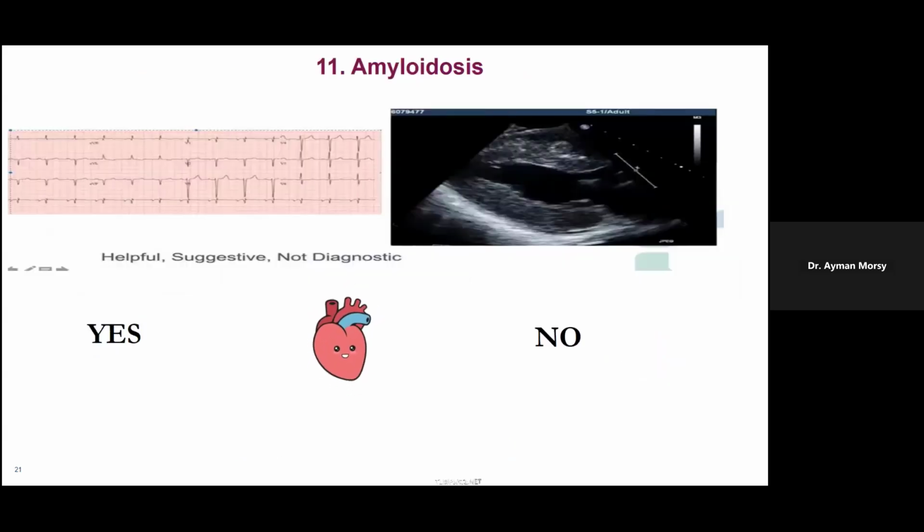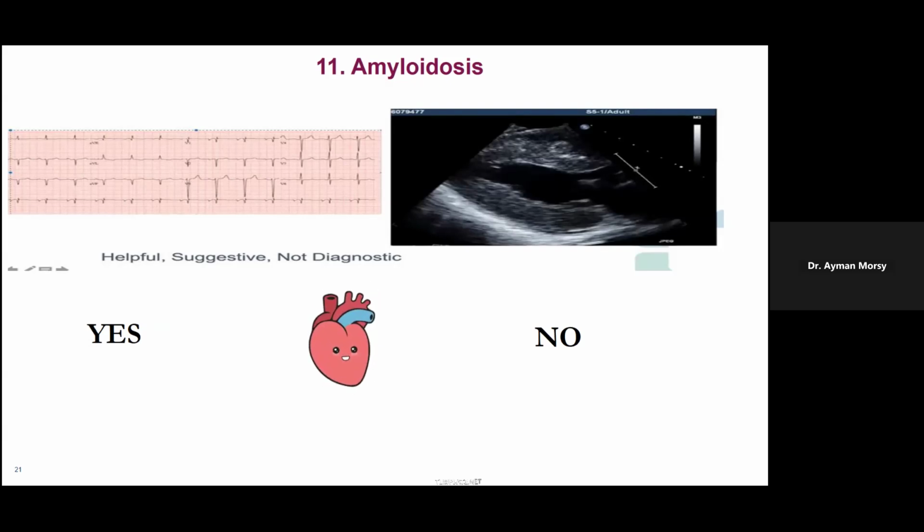Number 11, amyloidosis patient. If you see disproportionate between anatomy, meaning echo, you can see in echo there is LVH, and electrically, meaning ECG, you can see low voltage in ECG, pseudo MI pattern in presence of LVH.